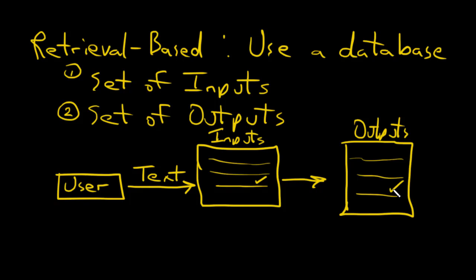So this allows the companies or whoever is implementing the chatbots to have predetermined outputs that are grammatically correct, and that have exactly the bit of information but nothing more. They are easy to control.